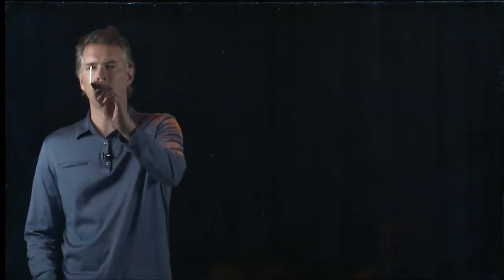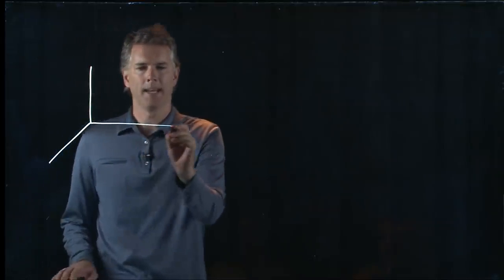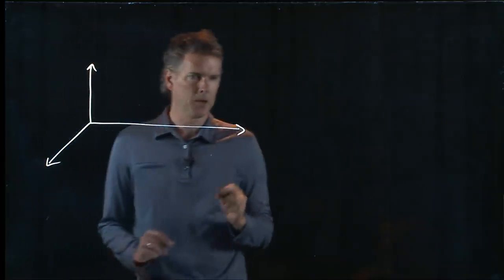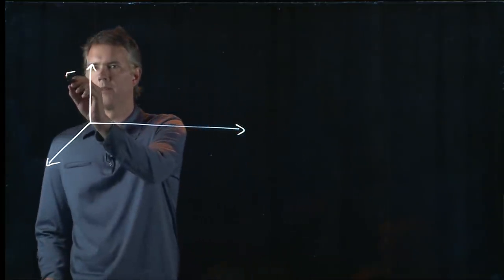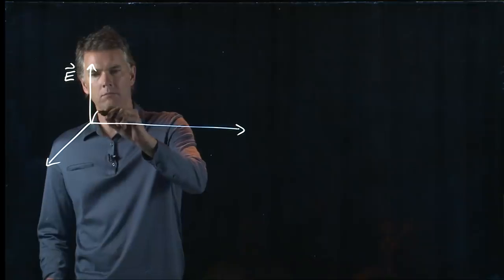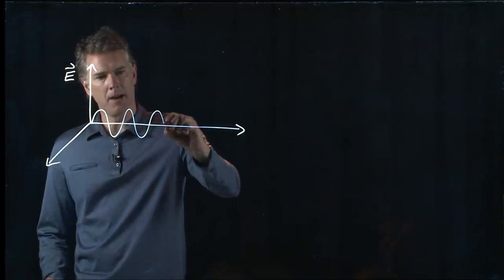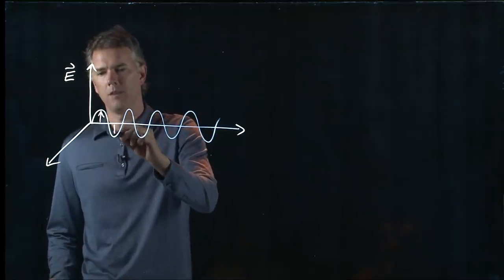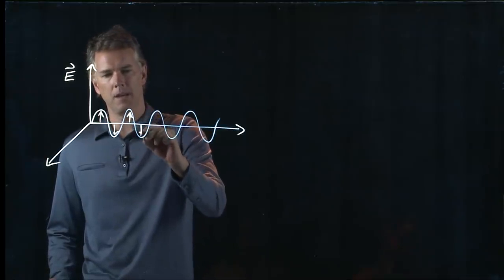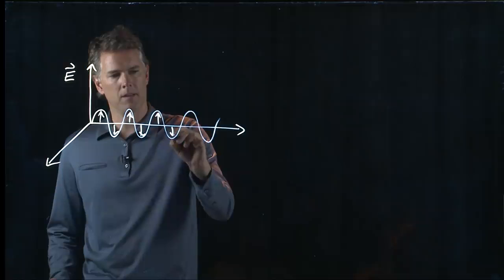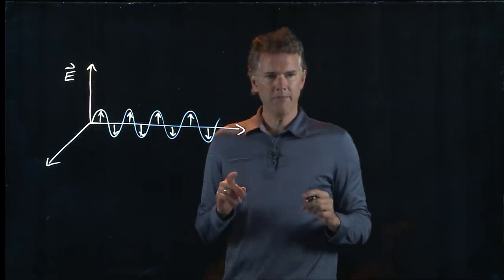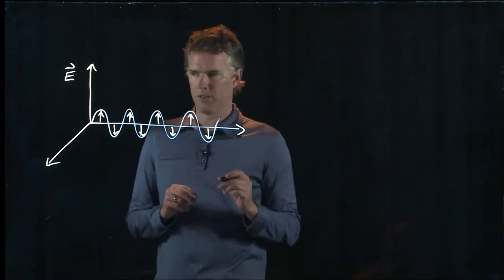So remember yesterday when we drew electric and magnetic fields that combined to make a wave, we said the following. E, let's let that oscillate up and down. Okay, and we know what that means. It's going up, then it's going down, up, then down, and so forth. But the B field was at a right angle to that.